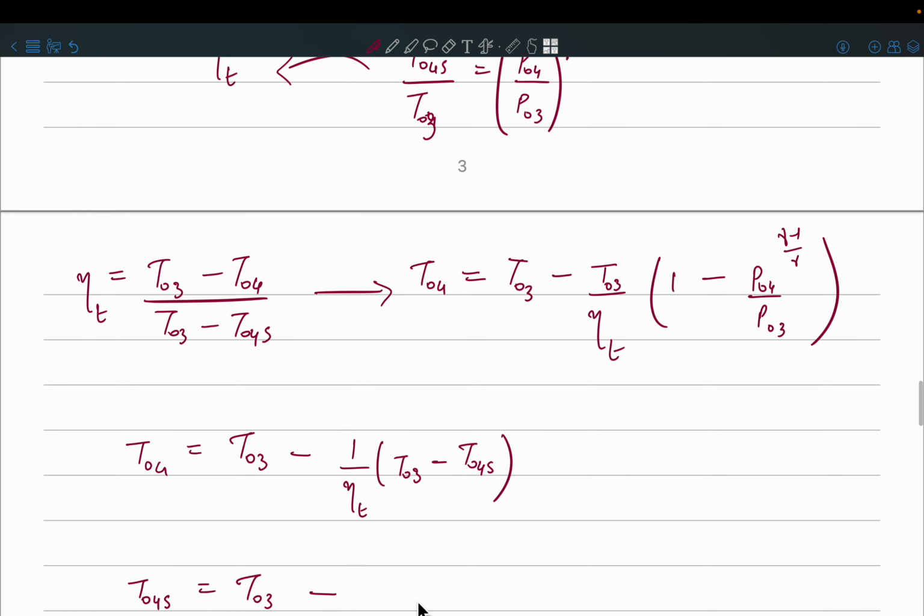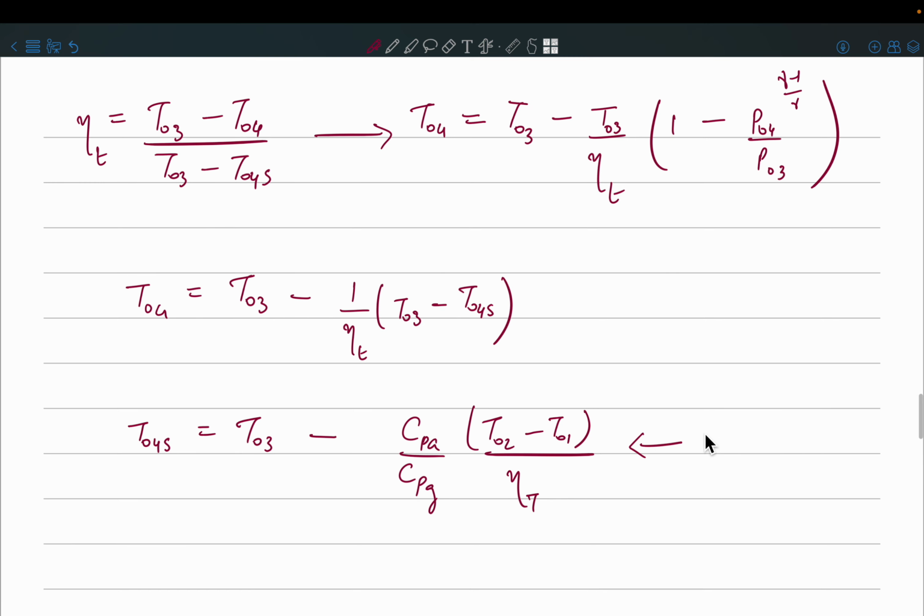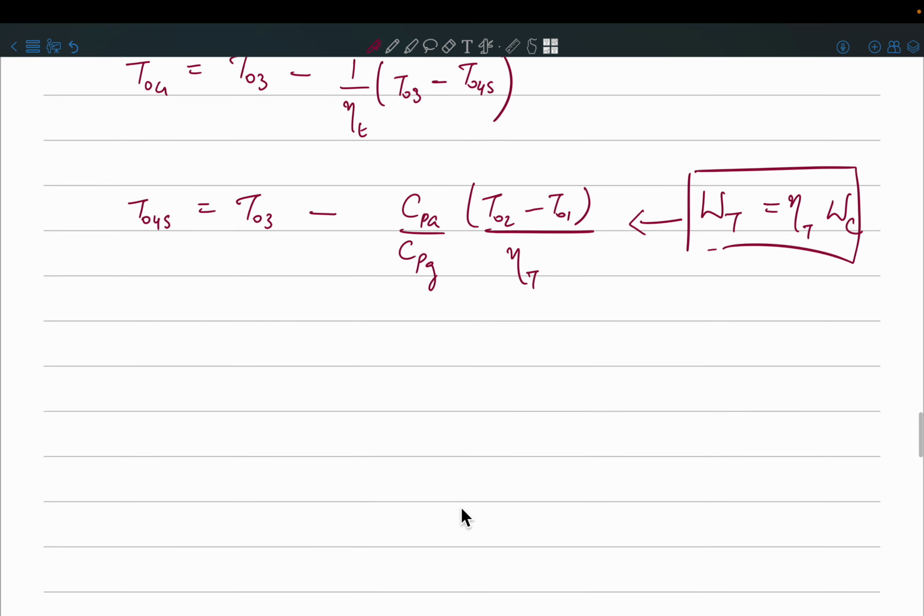Okay, so how did we get this formula? This is by saying that the work of the turbine is equal to eta transmission into work of the compressor. So if you use this, you can see we already know T naught 2 and T naught 1. And why are we getting this Cp air by Cp gas? Because the fluid which is going into the compressor is simply air, right?